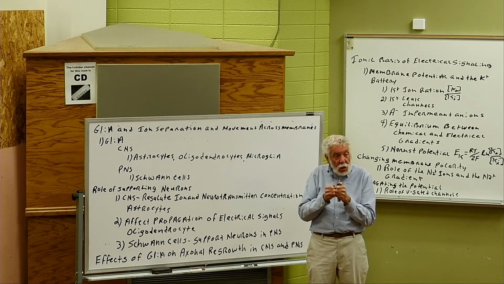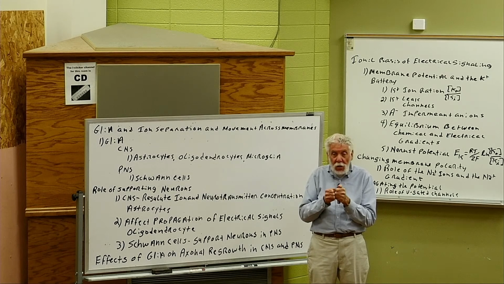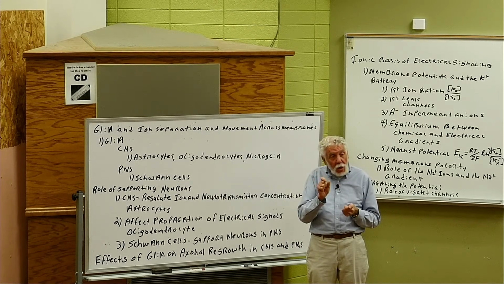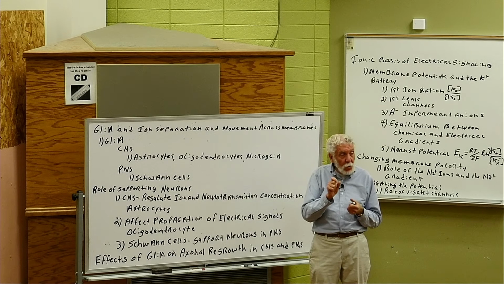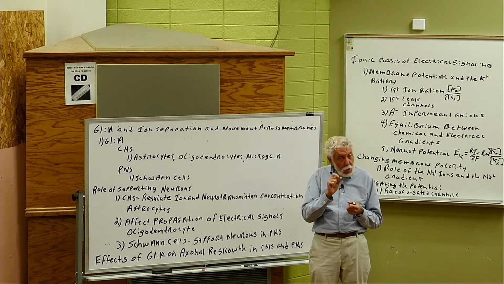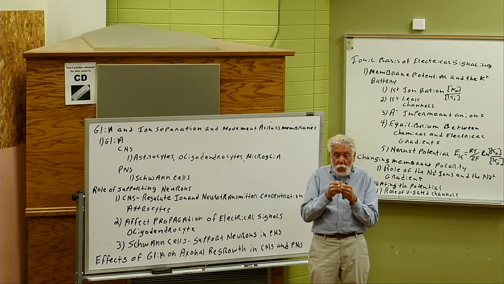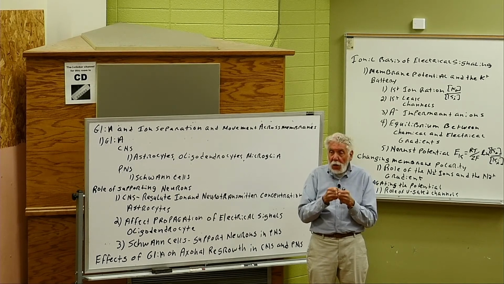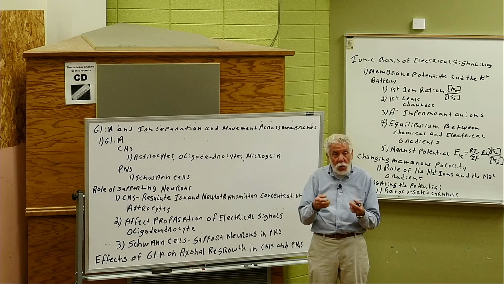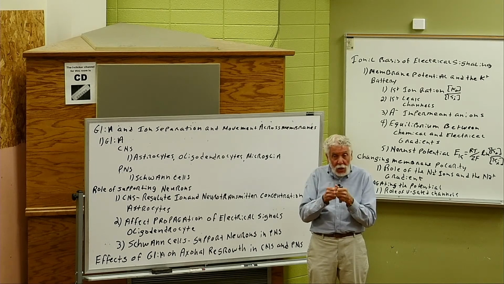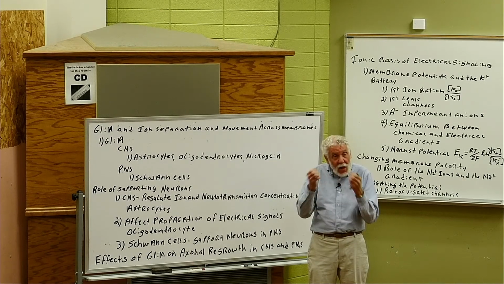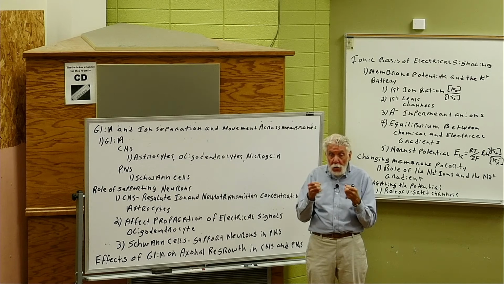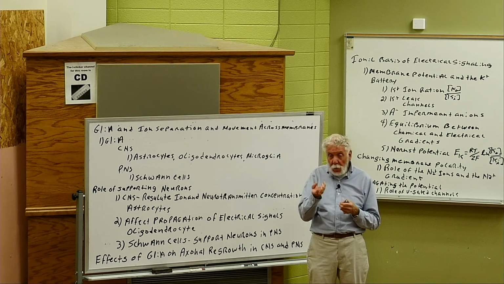Remember yesterday we drew the input regions and the output regions, where between the input region of one cell and the output region of its neighbor, there are these very narrow gaps we're going to spend a lot of time talking about, called synapses. The volume in those gaps is really, really small. And so the release of neurotransmitters into these tiny volumes can affect the concentration of neurotransmitters in that particular place.